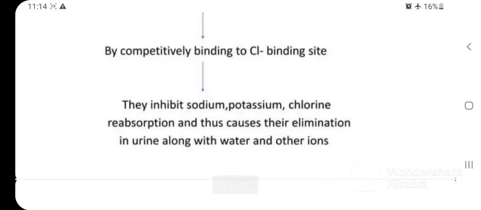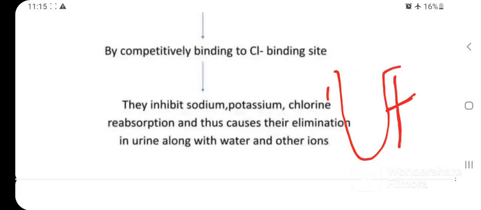They inhibit, what they will do? They will stop the sodium, potassium, chloride reabsorption, and thus cause their elimination in urine along with water and other ions. See, actually what happens here at the ascending loop: some absorption capacities are kept here, means they will absorb some of the water, some of the potassium, then sodium, then water molecules.